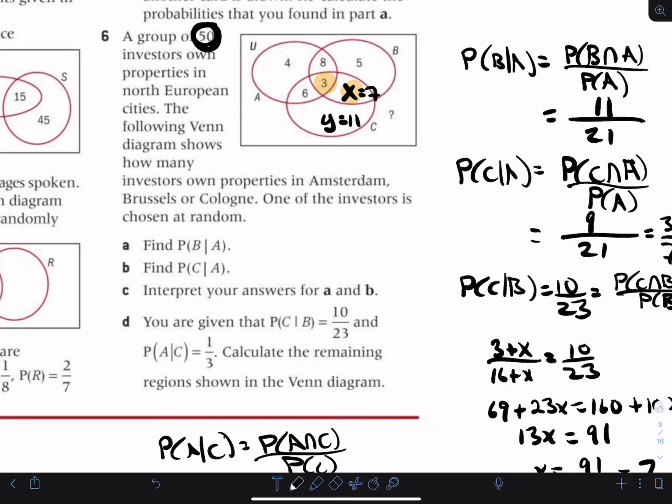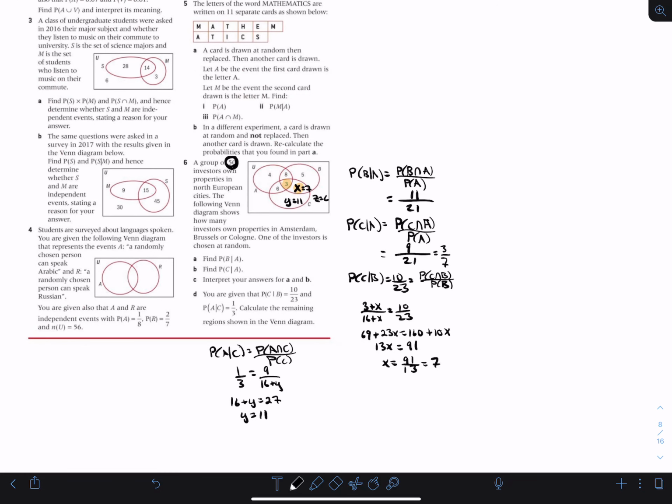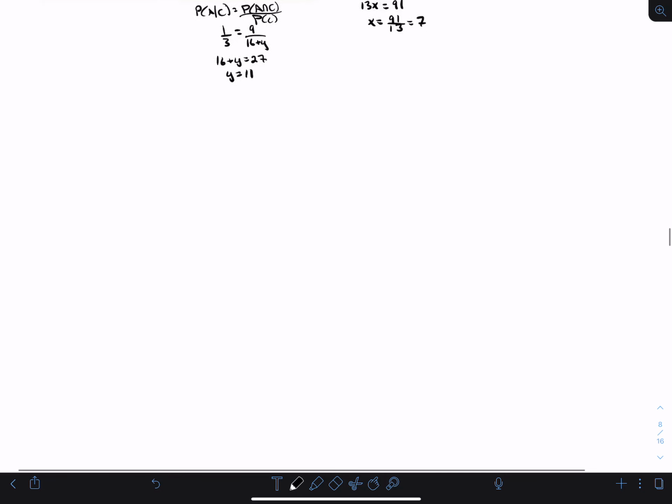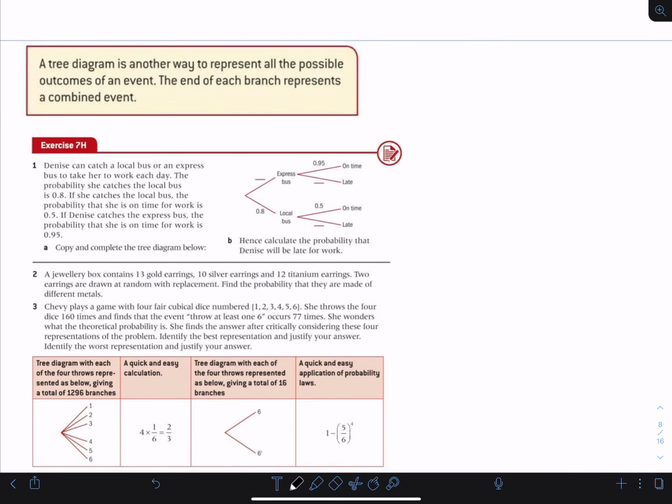Did I get them all? I think so. Leaves me with 6. There you go. Done. Very nice. Venn diagrams, nice little thing. Cute little question. Okay. Tree diagrams, I'm going to stop.